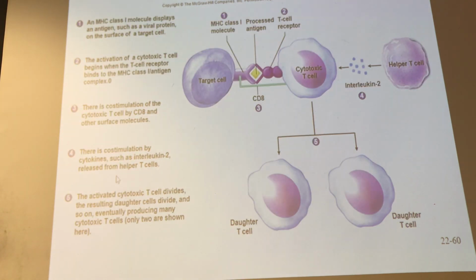Keep in mind that in terms of T and B cells, there's that specificity that has to be there. So in order for the cytotoxic T cell to kill a virally infected cell, that virally infected cell has to display that specific epitope.